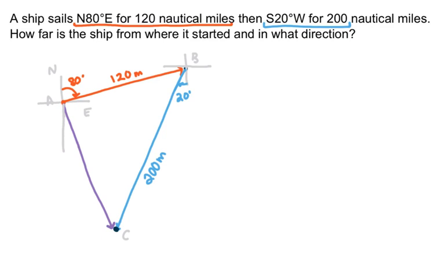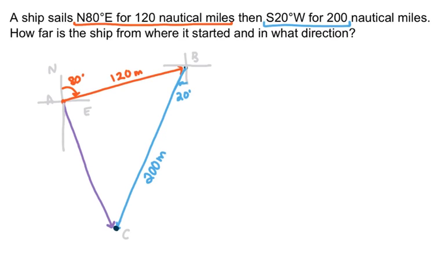So we're looking for both the magnitude of the length and then the direction from initially where we started. So that would be this angle right in here between this purple line and this gray vertical axis. All right, so how are we going to do this? Well, these problems can be a little bit tricky for us to figure out, especially the first time around.